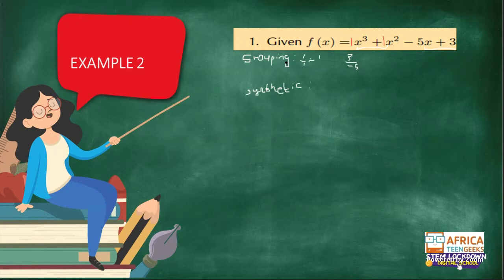Okay. So if you were to try synthetic division, you would have to find a factor first. So you need to check your factor. Okay. So you would try 1.